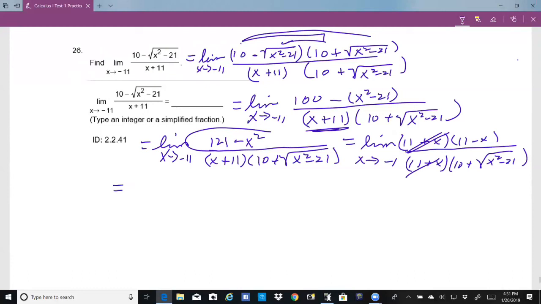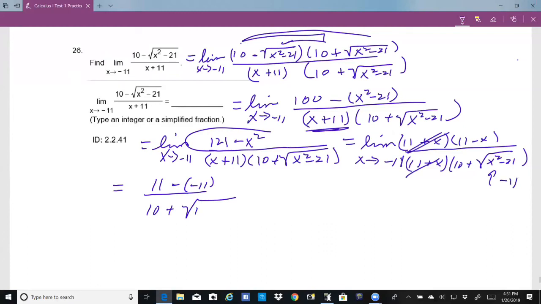And now we can just simply plug in x equal minus 11 and get 11 minus 11 divided by 10 plus the square root, plugging in minus 11.